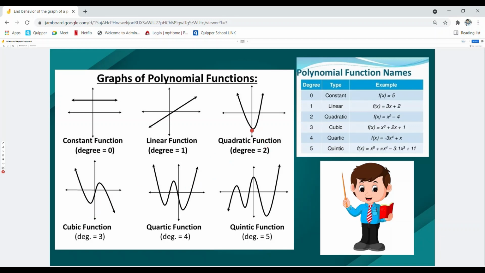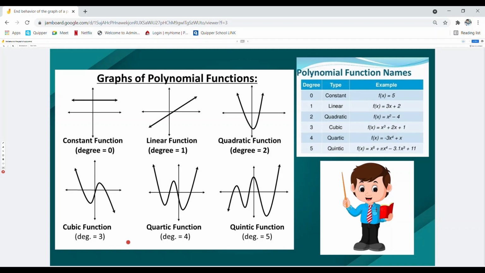Here, the parabola has only one curve. Here, cubic has already 2 curves. So it's 3 minus 1, and this one is 2 minus 1, 1 curve. 3 minus 1, 2 curves. So you can look into the degree, and you can identify how many curves, turning points, or the maximum and minima if you are going to have it in your calculus.